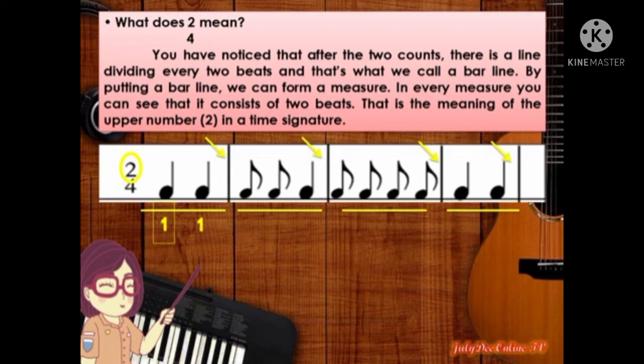Quarter note receives 1 beat. 2 quarter notes is equal to 2 beats. Eighth note receives 1/2 beat. 2 eighth notes is equal to 1 beat, plus another 1 beat is equal to 2 beats. 4 eighth notes is equal to 2 beats.